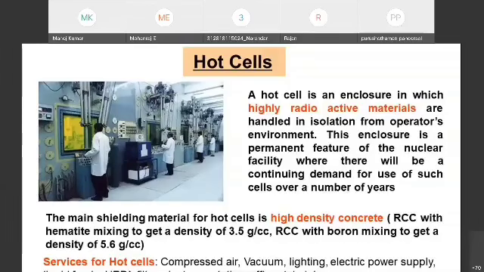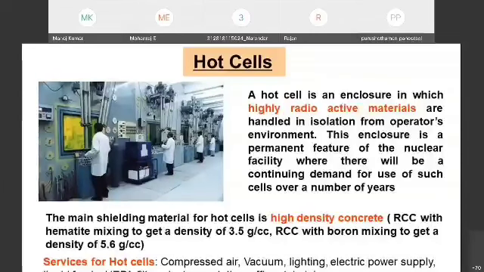Then after its radiation levels are brought to normal levels, it will be handled in these types of hot cells, because a hot cell can handle very high levels of radiation exposure. A hot cell is an enclosure in which highly radioactive materials are handled in isolation from the operator's environment. Previously we said that we had gloves or gauntlets, where people can put their hands through the gloves and operate.